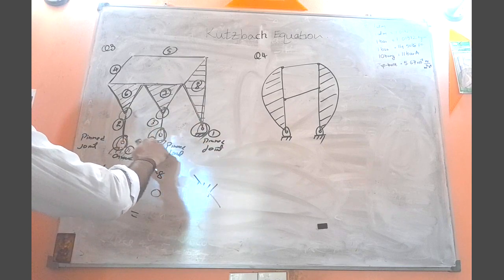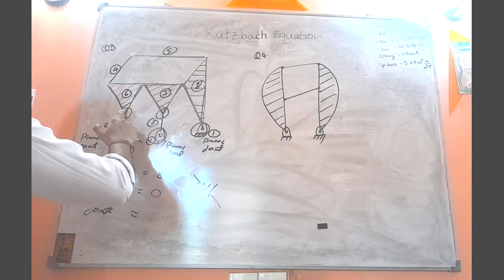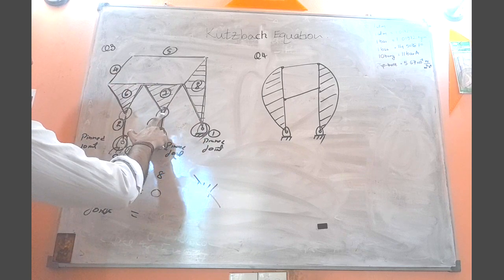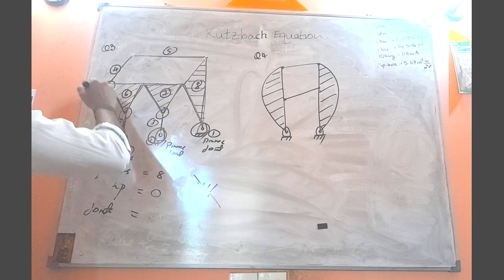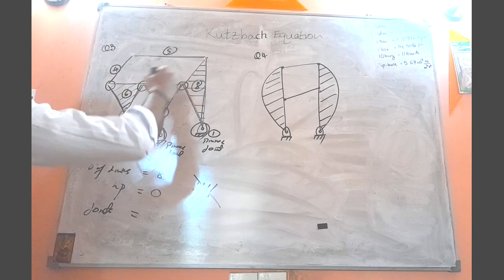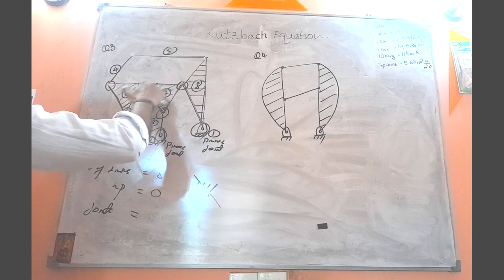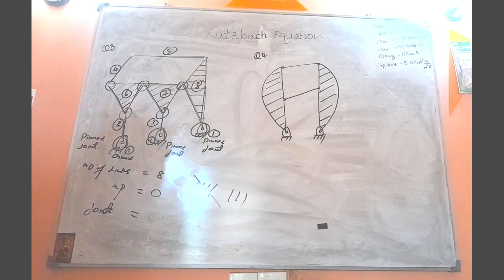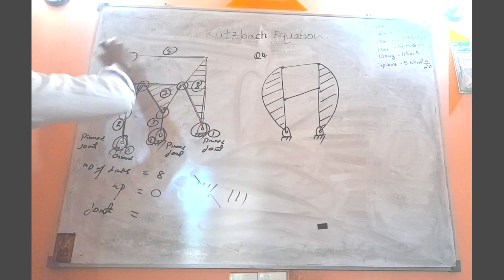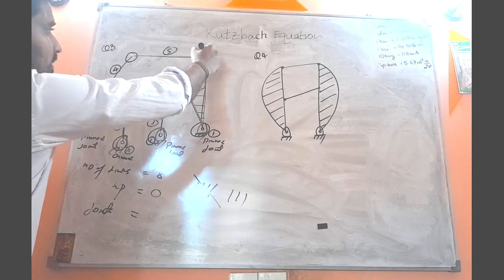Joint 1, 2, 3, 4, 5. Then joint 6, 7, 8. Anything else? Then joint number 9 here and joint number 10 here.